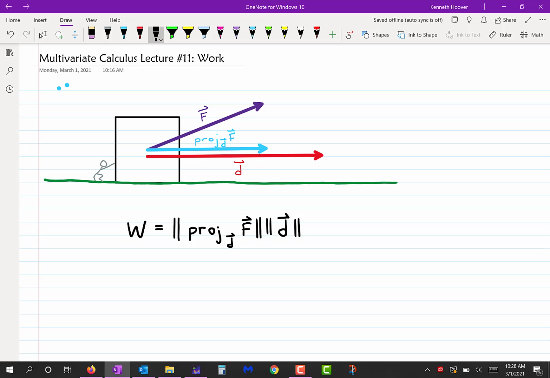Correct? All right, now let's remind ourselves of how to calculate this vector right here. Okay, I'm going to remind you.